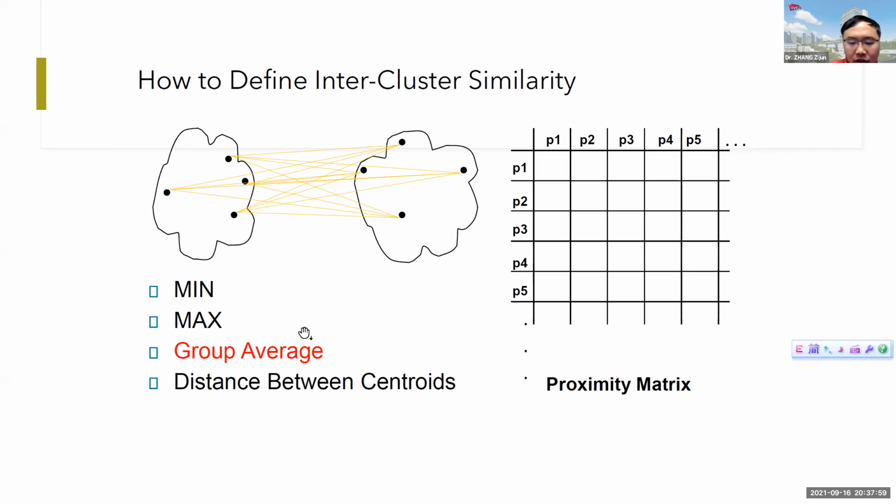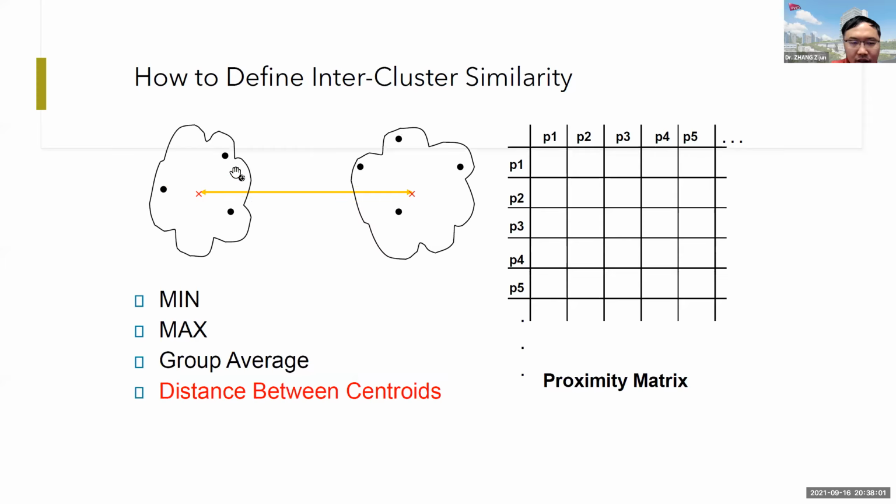And the last choice is we first compute the centroid of each of the clusters, then we compute the distance between the centroids. Directly doing the centroid computation saves the most resources in computing.